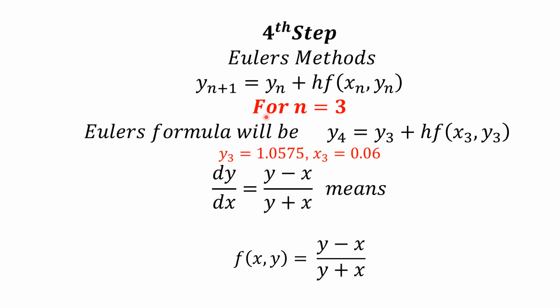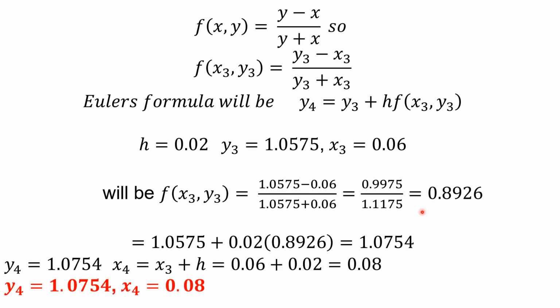Fourth step. This is for n equal to 3. So y4 is y3 plus h f(x3, y3). Same thing you will write here for this function that we do many times. We will calculate f(x3, y3) by putting in the values of y3 and x3.